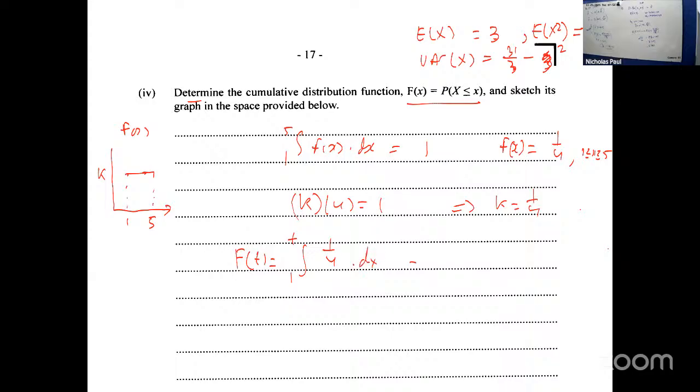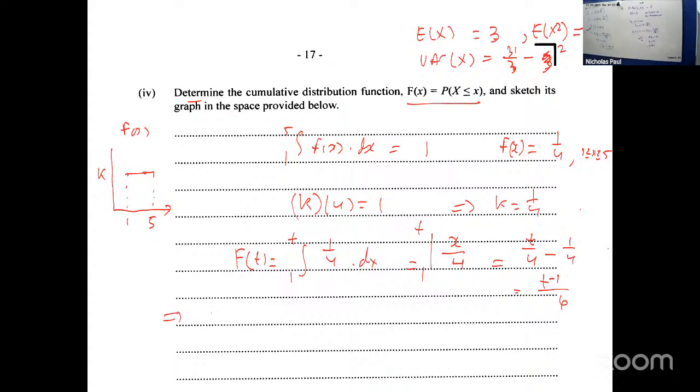When you integrate, you'll get x over 4, and you have to plug in t and 1, right? So you're going to get t over 4 minus a quarter. Or you could write it like this, t minus 1 over 4. Right? That's what your function will look like.